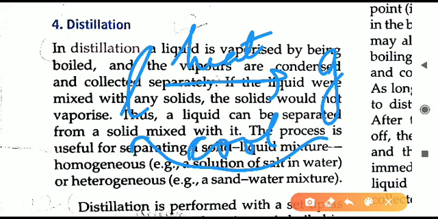On cooling, what will happen? Again the water vapor will come back into its original form, that is water vapor converts into water again. In this process, what is happening is only the water will convert into water vapor and water vapor will convert into water, but there are certain impurities which are in the water. They will be separated outside because of the change of the state of matter.